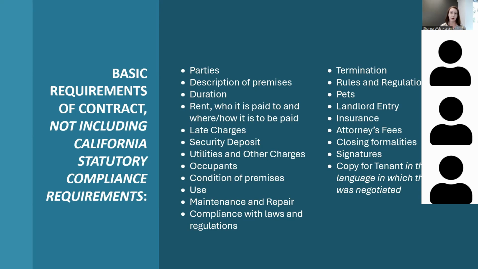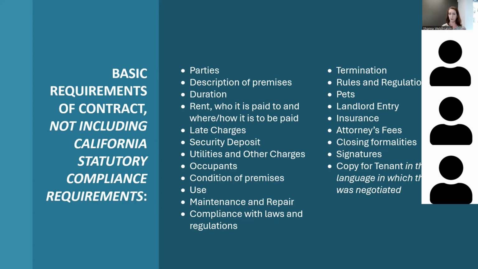The use of the property, when we're talking about a residential lease, isn't it obvious that the use of the property is as a residence? Well, that's not always obvious to the tenants. Sometimes tenants like to start a business and run it out of the garage or out of the office space within the premises. That can be perfectly fine, but it can also cause some complications for the landlord, particularly if the type of business is disruptive or against HOA rules.